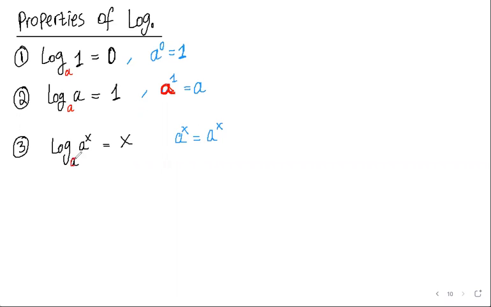This a to this x equals a to the x. So a to the x equals a to the x. This is right. Number 4: a to the log of x to the base a is equal to x.